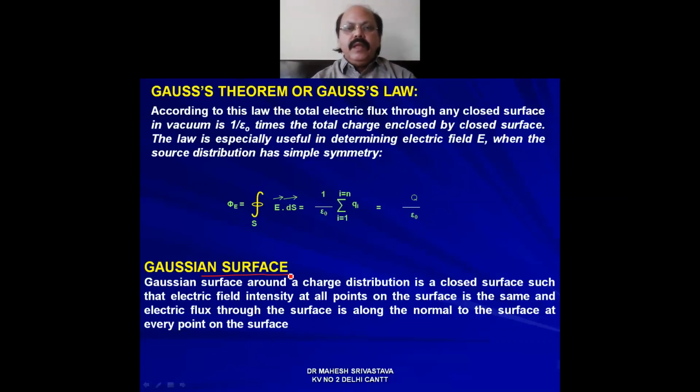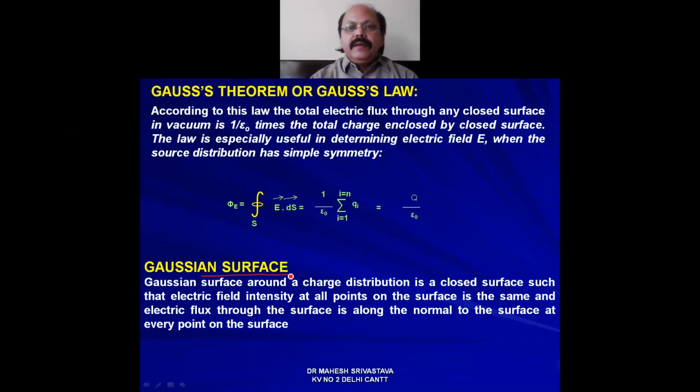A Gaussian surface around a charge distribution, whether it is a single charge or a large number of charges, is a closed surface such that the electric field intensity at all points on the surface is the same, and the electric flux through the surface is along the normal to the surface at every point on the surface.